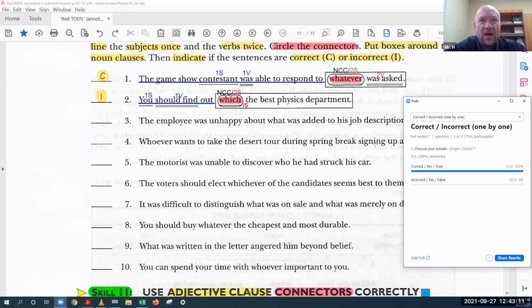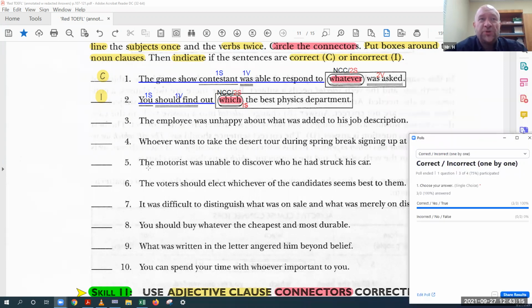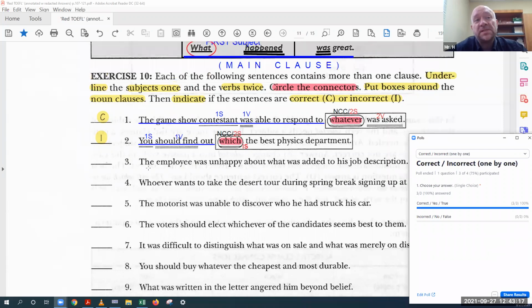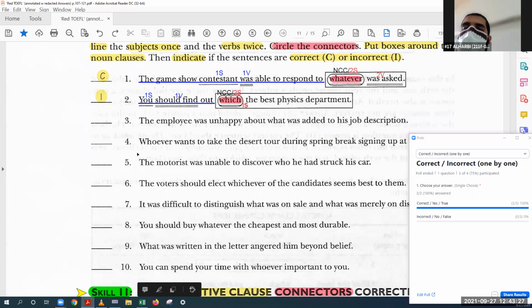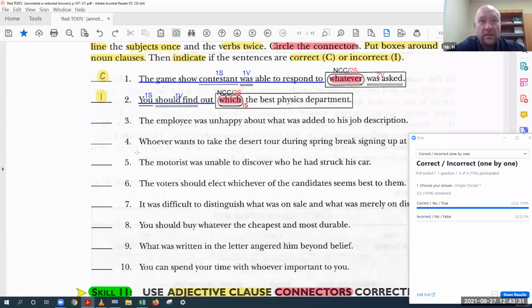Let's start with Al-Harbi. Instead of with formula, let's start with subjects and verbs. The employee is the first subject. The second, what is the first verb?